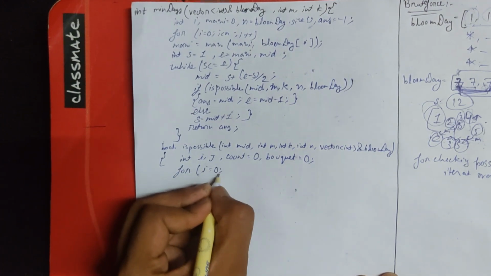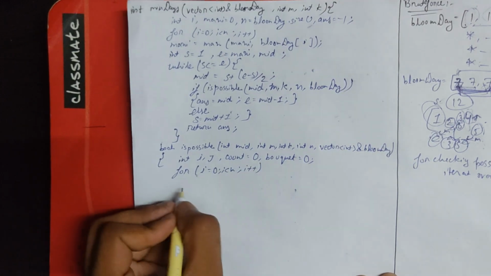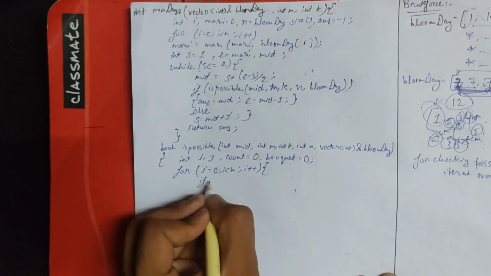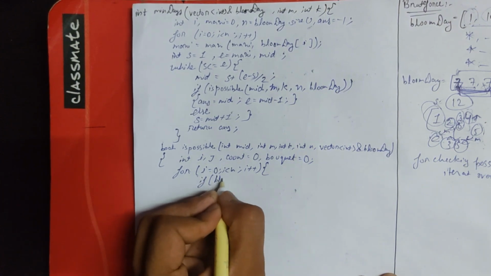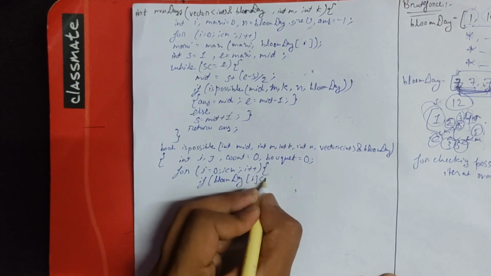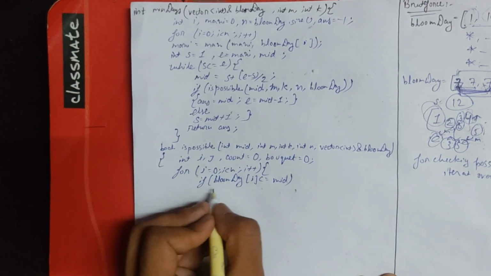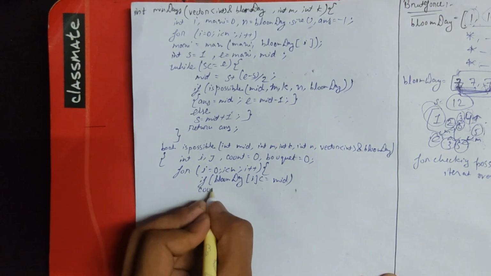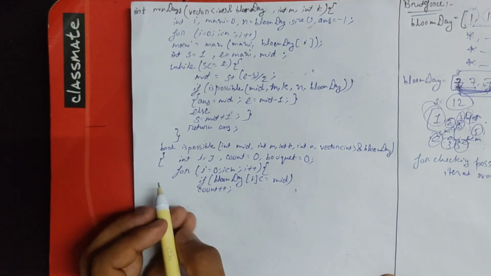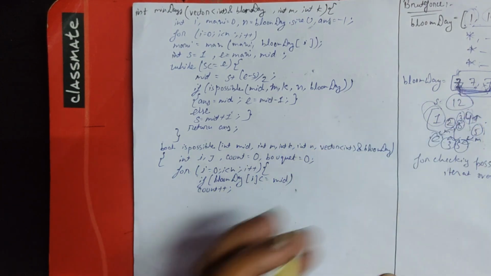So for I equals to 0, I less than the size of array, I plus plus, and in this loop what we will do is just iterate over the array and check if the value is less than or equals to mid, as I discussed earlier. If this happens, count will be incremented. Otherwise, as we don't get adjacent values, count will be shifted again to 0.